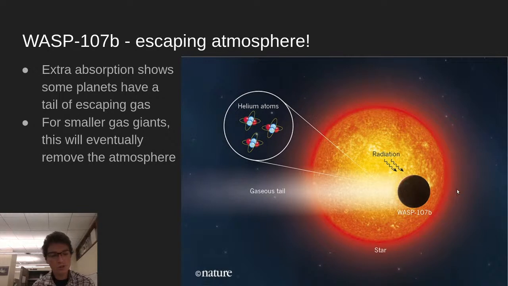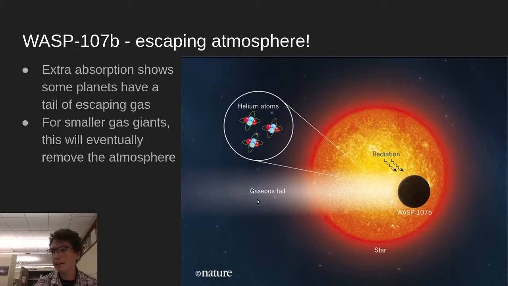But then the planet finished its transit, and the absorption stuck around for a few hours longer. And what this is attributed to is an actual tail of escaping gas. The planet is so hot that the gas is being blown off of the planet and into space. And so this gas is trailing behind the planet, and it leads to this absorption that can last much, much longer than the planetary transit.